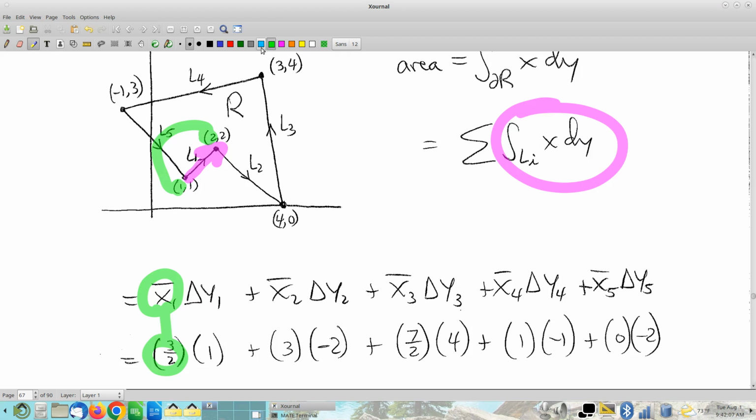All right, now let's see. The second factor is change in y. Well, y goes from 1 to 2, so the change in y is 2 minus 1, which is just 1. So look how easy that was.